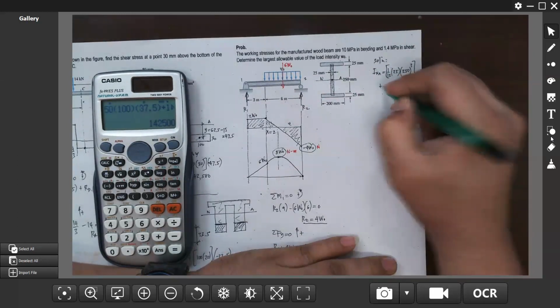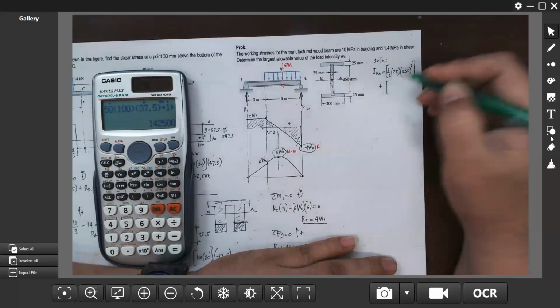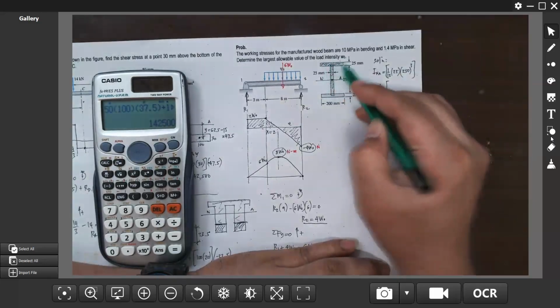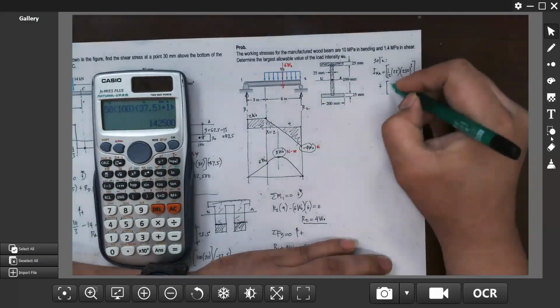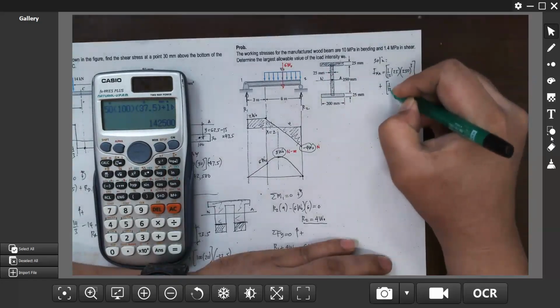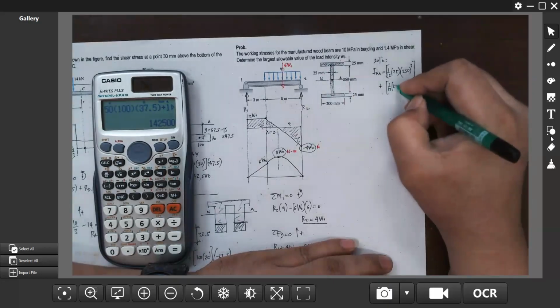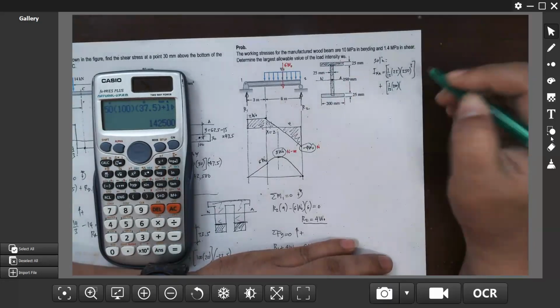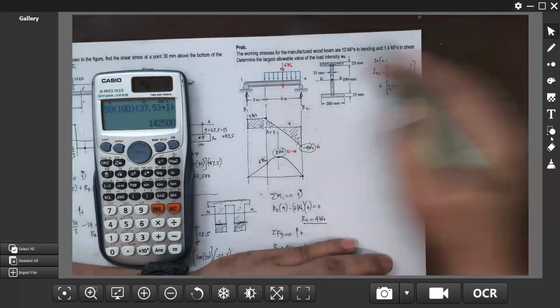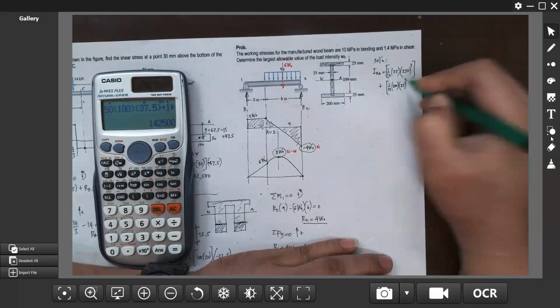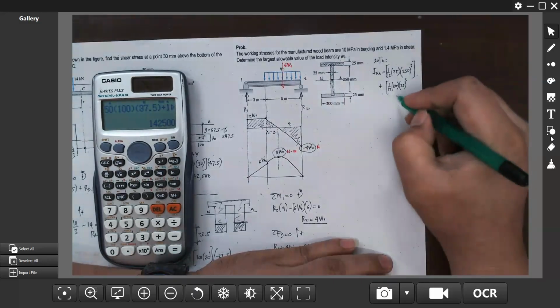Plus element 2. 1/12, base 200, height 25 cubed.